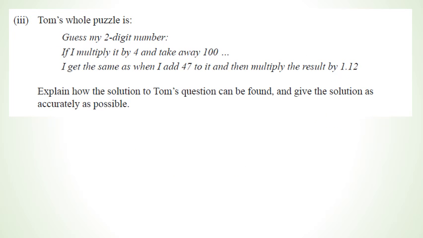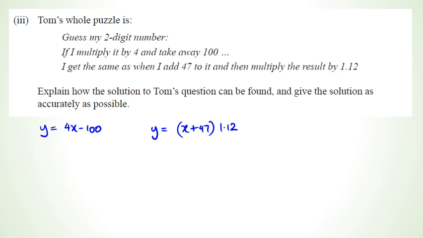All right, so the first equation that we had was y is equal to 4x minus 100. Now, the second one, it says that I get the same as when I add 47 to it and then multiply the result by 1.12. So my second equation could be y equals x plus 47 multiplied by 1.12.